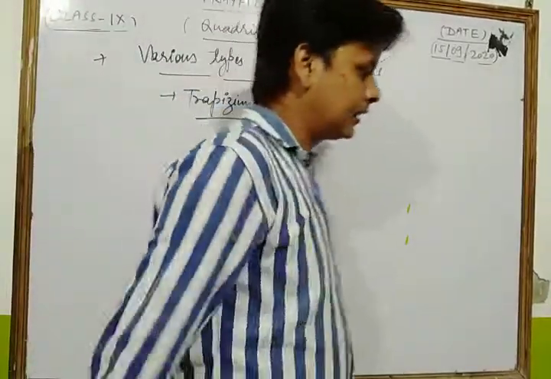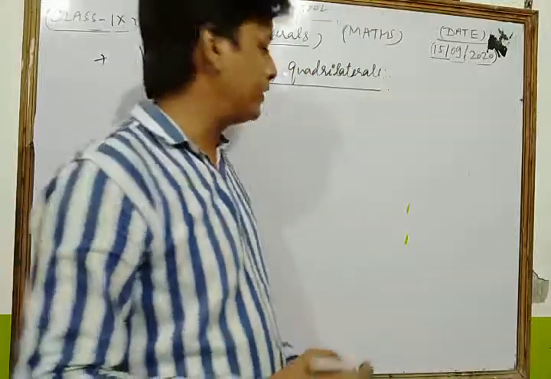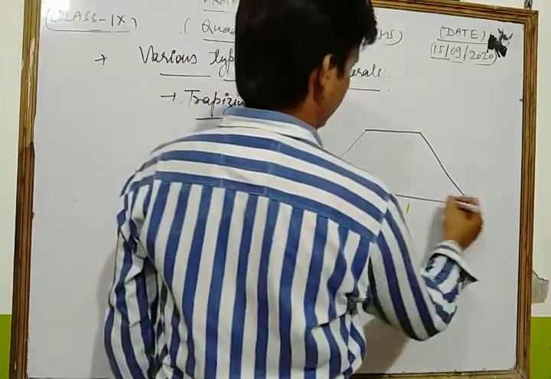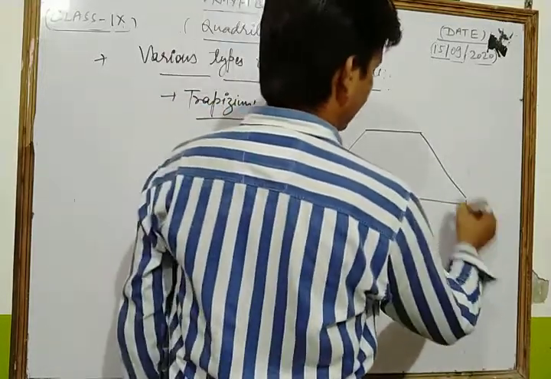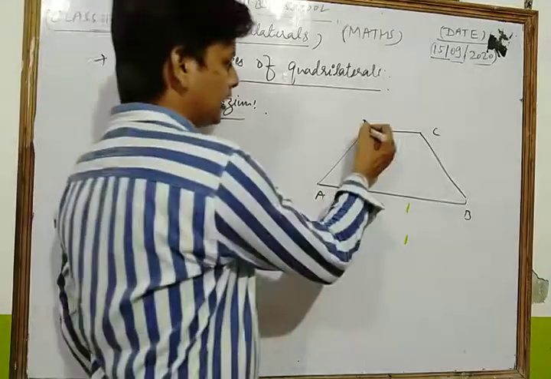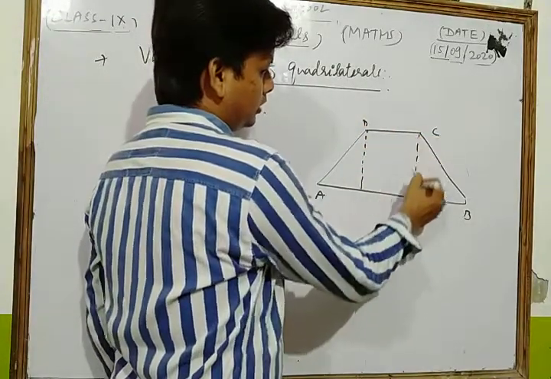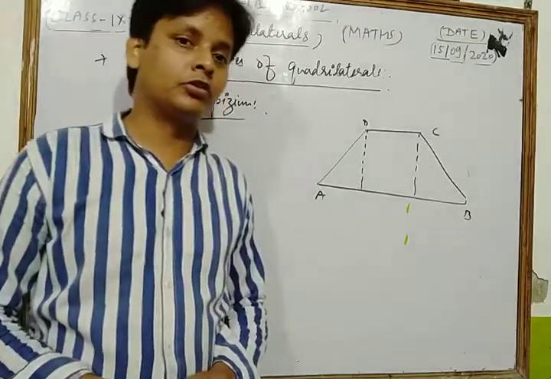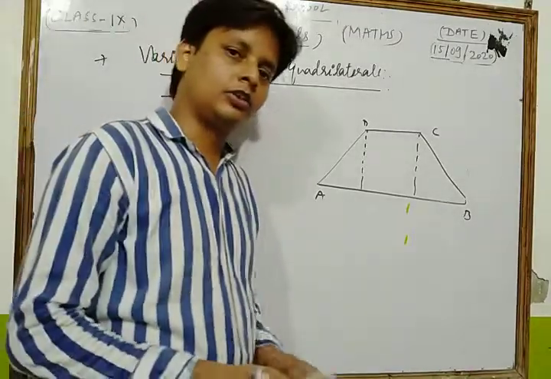Dear student, trapezium is also a type of quadrilateral, and this is the shape of the trapezium. Suppose that here ABCD is a trapezium, a quadrilateral in which two sides are parallel.